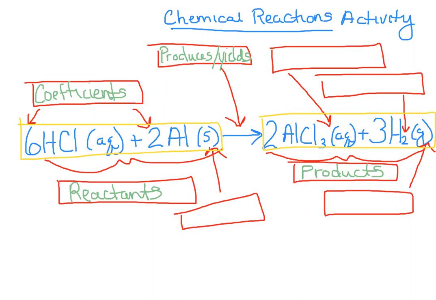And then we have these little letters or 2 letters in parentheses afterwards. If it's an S, like here, that means that that's a solid. If it's an AQ, that means it is aqueous. That means it's like dissolved in something.